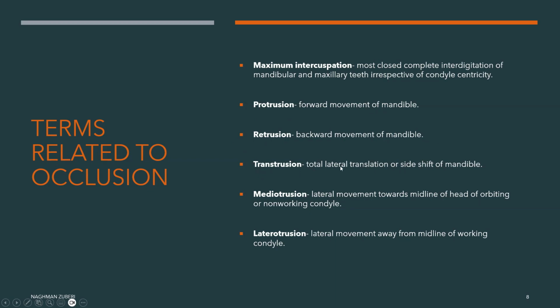Transtrusion is the total lateral translation or side shift of the mandible. Mediotrusion is the lateral movement towards the midline of the head of the orbiting or non-working condyle. Laterotrusion is the lateral movement away from the midline of the working condyle or rotating condyle.